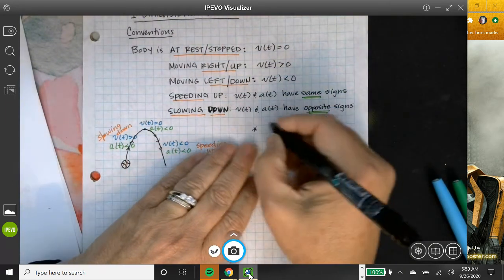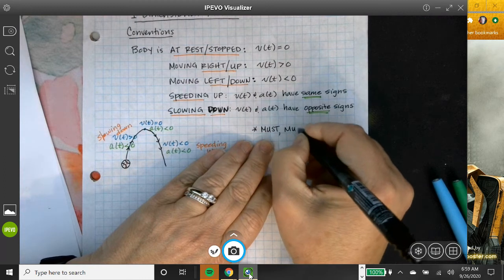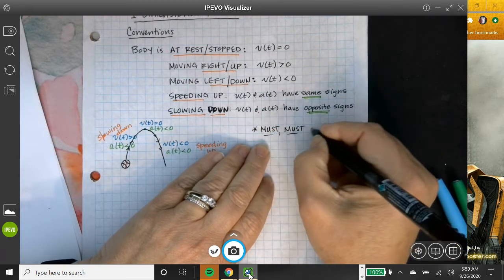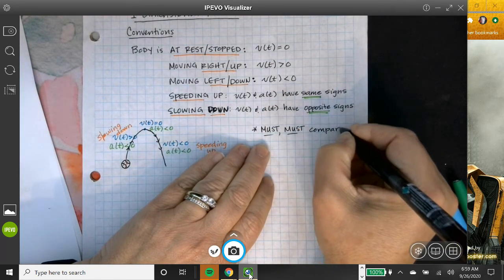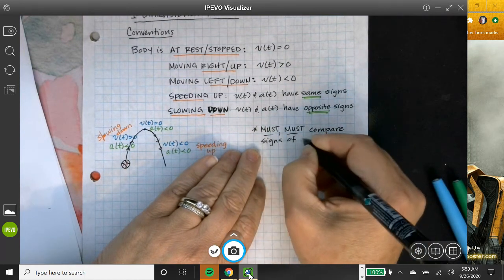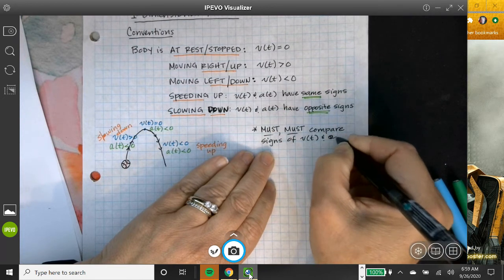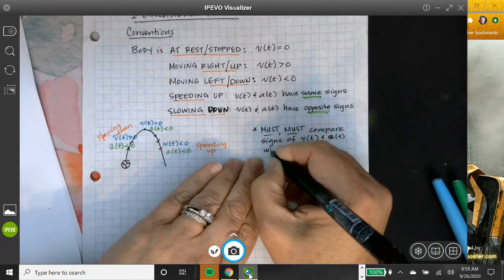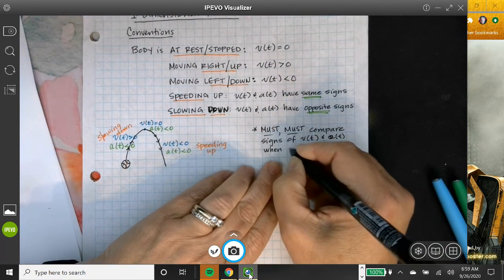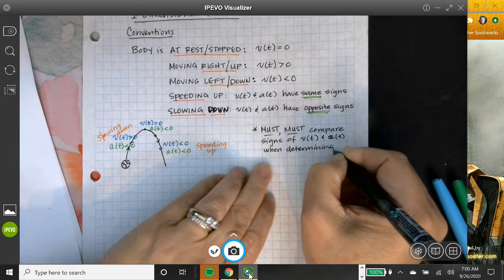I'm going to put this down in big letters. Must compare signs of velocity and acceleration when determining speeding up or slowing down.